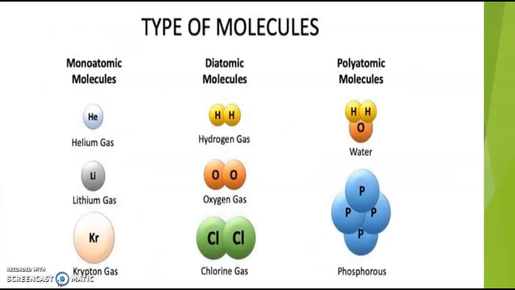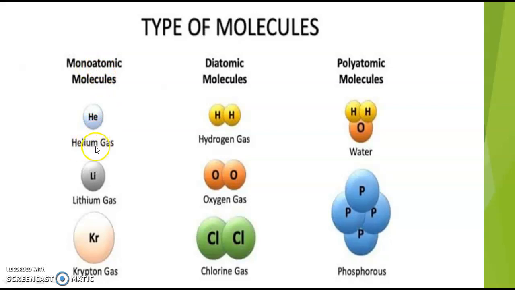Now let's see types of molecules. There are monoatomic, diatomic and polyatomic molecules. From the pictures you can understand. Mono means one atom. So a monoatomic molecule will contain one atom.